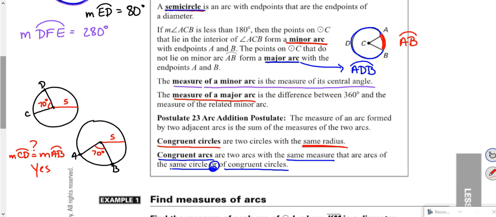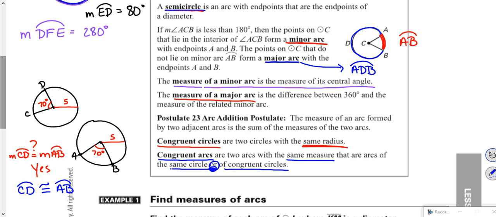They're not necessarily on the same circle, but the central angles are the same, which means the arc measures are the same, and they are on circles with the same radius. So the measure of arc CD is equal to the measure of arc AB. Or again, you could say the other way, that arc CD is congruent to arc AB.